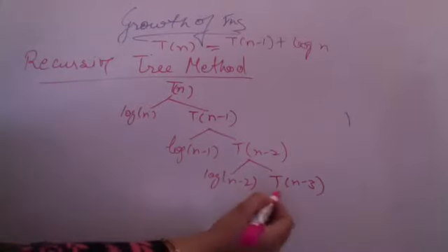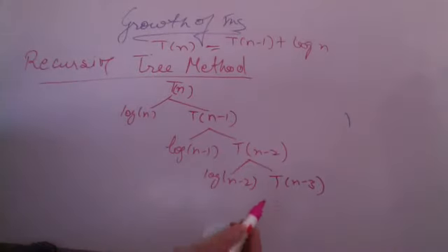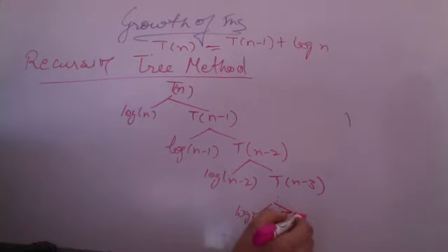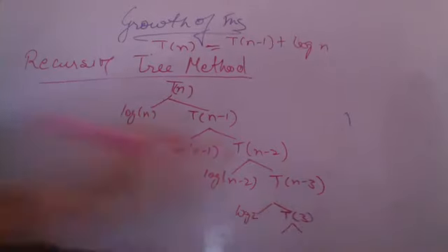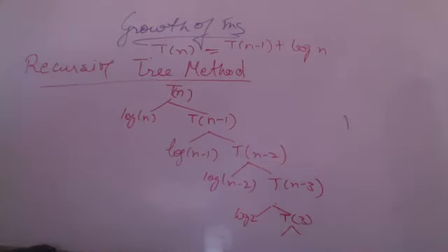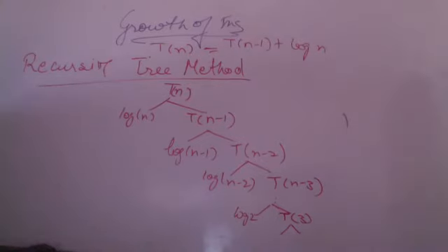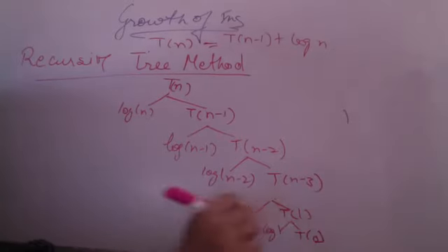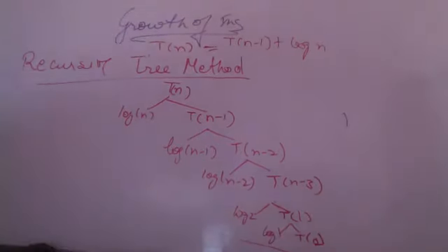So I keep on breaking this term till I'm able to reach, say, log 2 and T of 1, which will again be broken down to log 1 and T of 0. So till here I am going to break down this recursive tree.